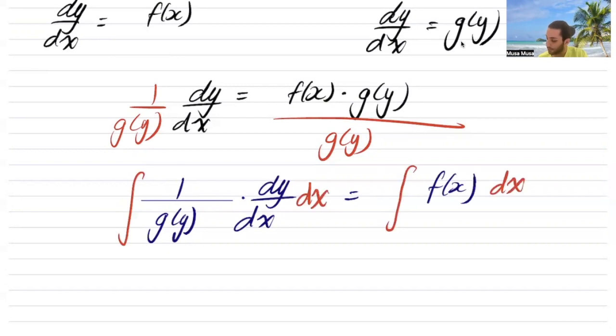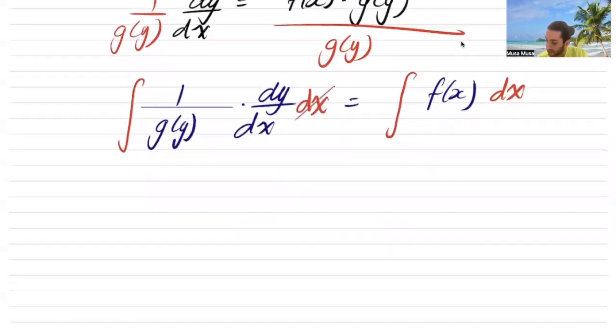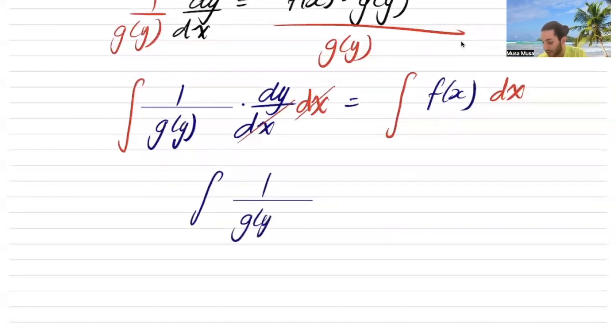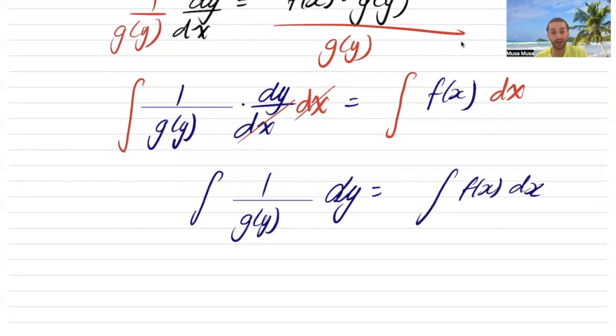This dx and that dx cancel, and what we get on the left-hand side is the integral of the reciprocal of g of y with respect to y, and then we get the integral of f of x with respect to x. Both the left-hand side and right-hand side can be solved. Isn't that kind of sick? Like, that's so cool.